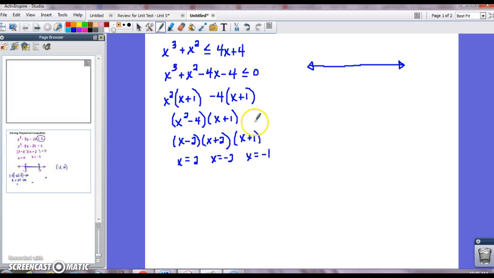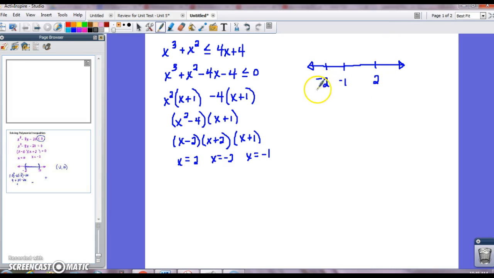So those are our three boundaries. So I have negative 2, negative 1, and positive 2 on my number line. Again, all I'm going to do is test a value within each of these different intervals.